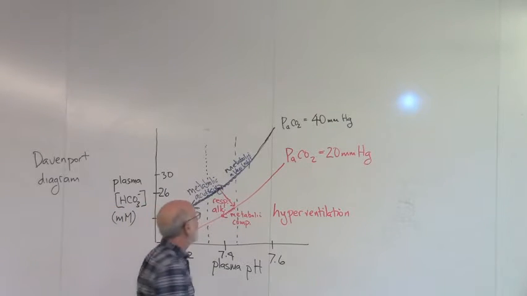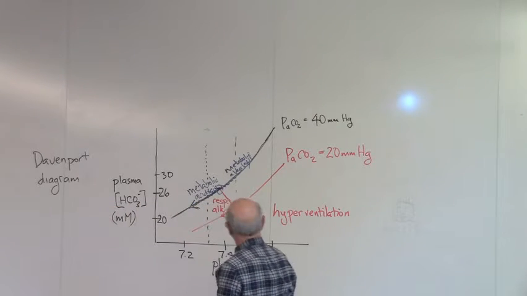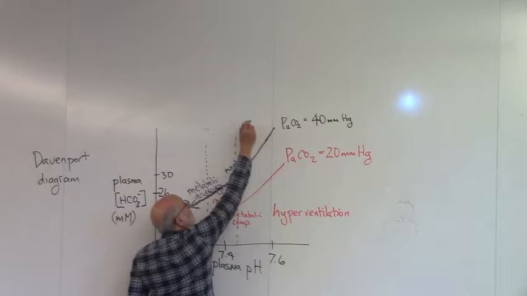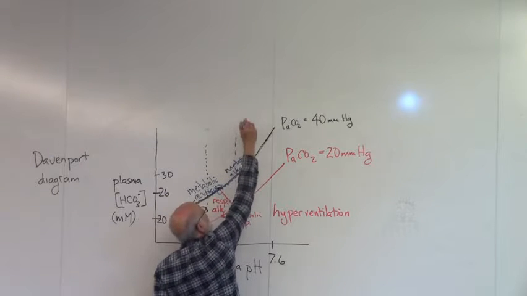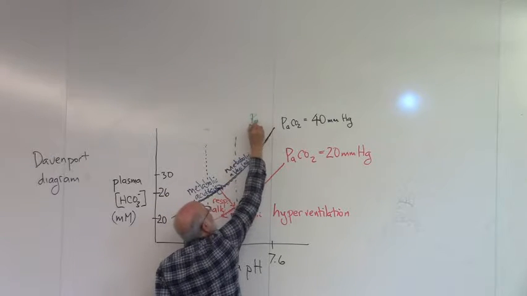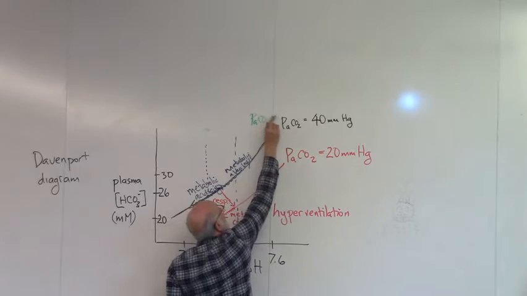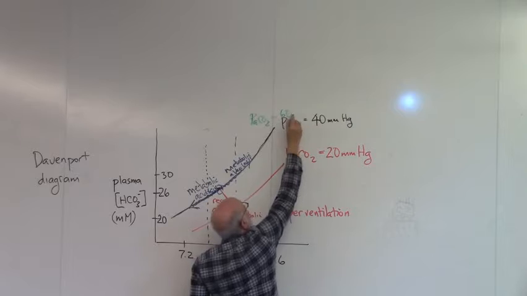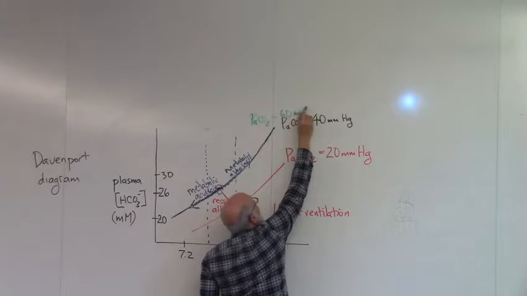Okay, so let's do another example. Let's do green. Here's if we hypoventilate, PaCO2 equal to 60, say. Here's number 3.